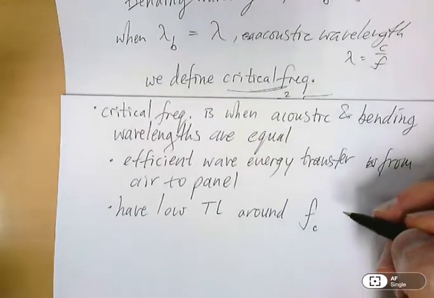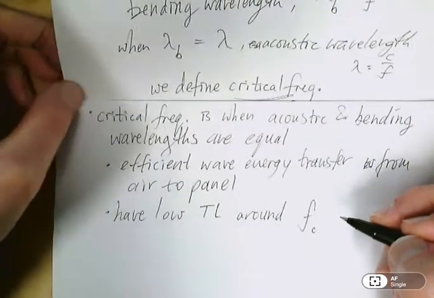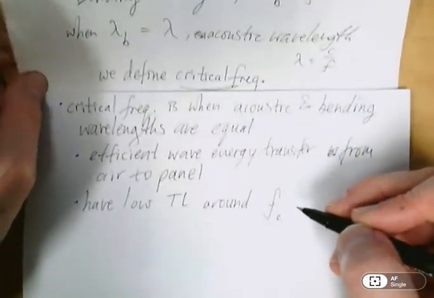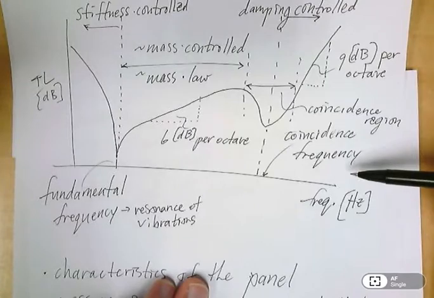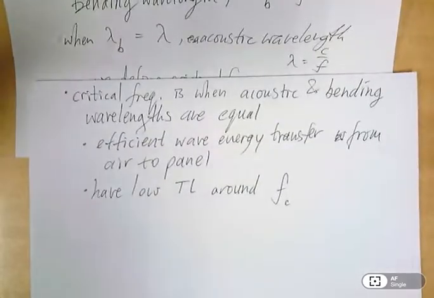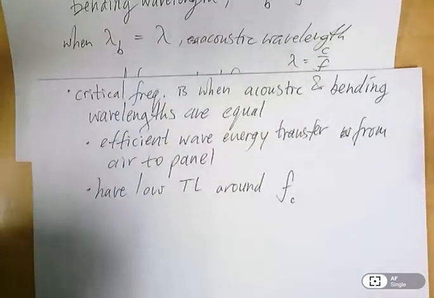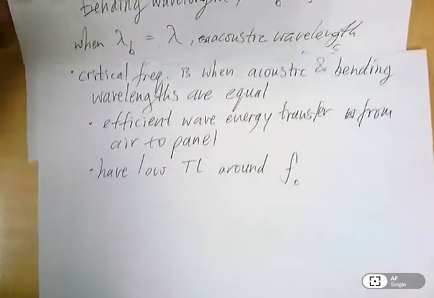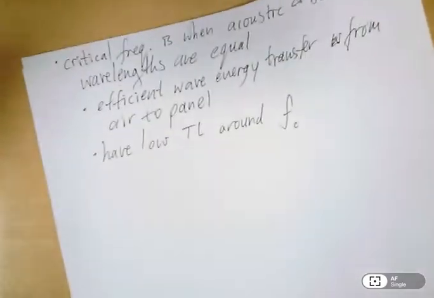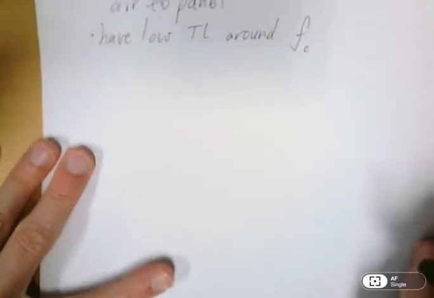Now, F sub C is not explicitly found on our typical transmission loss plot that we showed. I described something called coincidence. So let's relate coincidence to the critical frequency. And this comes about because waves may arrive at the panel at oblique angles.